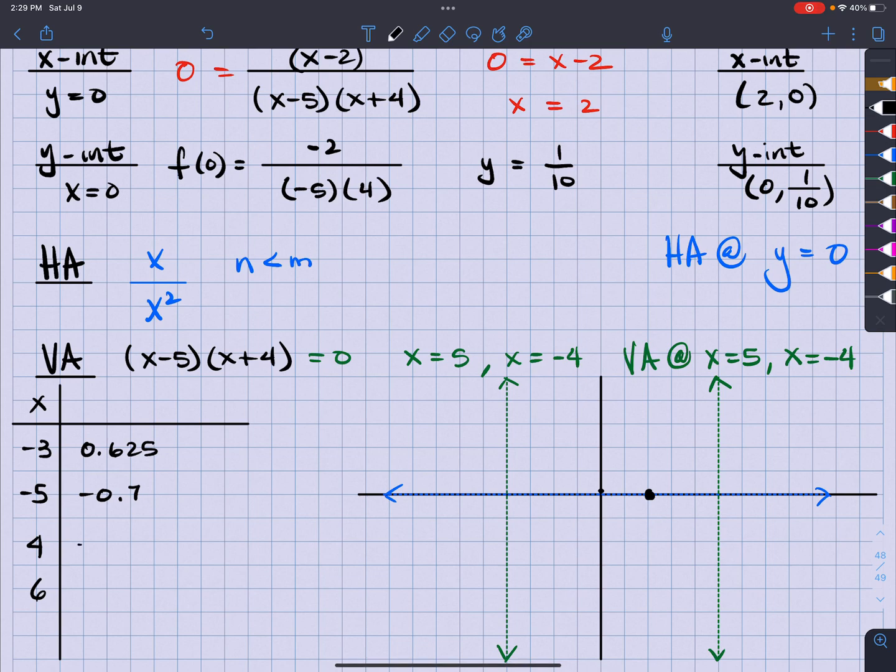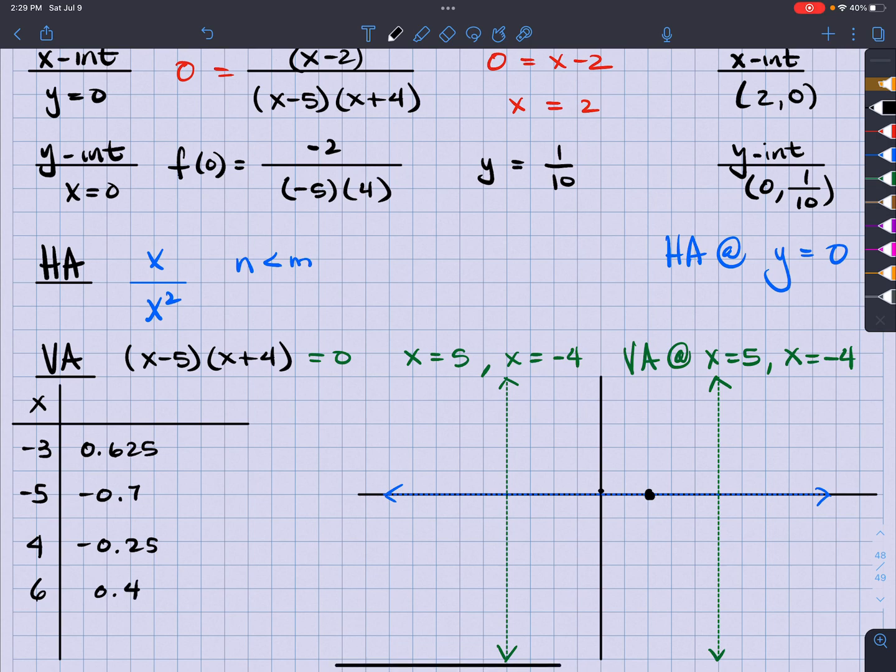I get -0.25, and if I change those to 6s, I get 0.4.